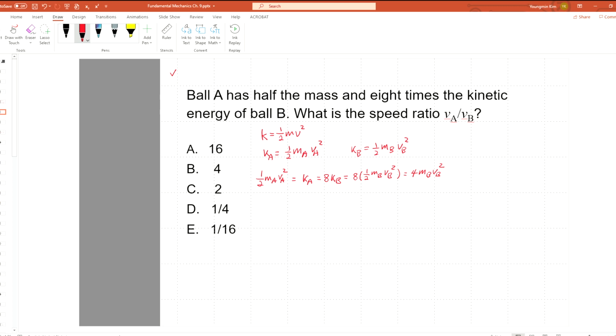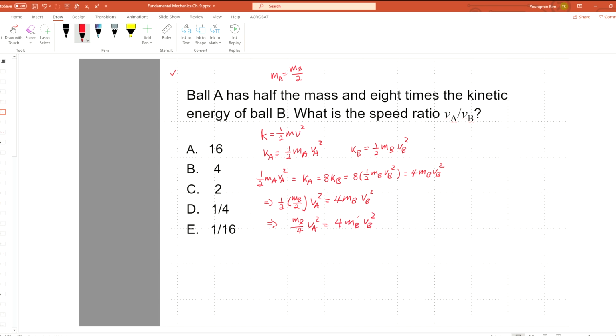So we're given that the mass A is half the mass of B. So we will substitute that here, 1/2 MB divided by 2, I substituted for MA, VA squared, and here you have 4 times MB VB squared. So you have MB divided by 4 VA squared equals 4 MB VB squared.